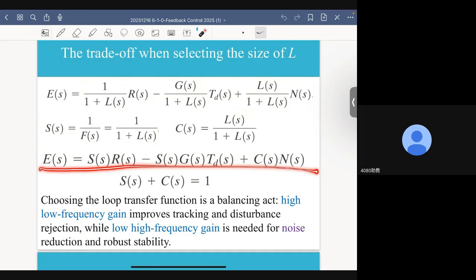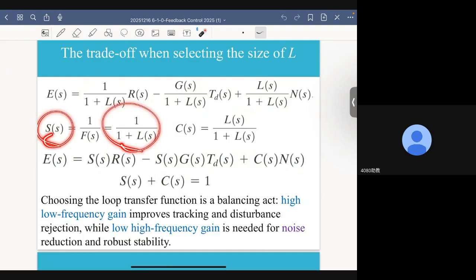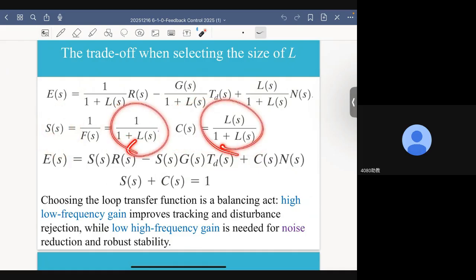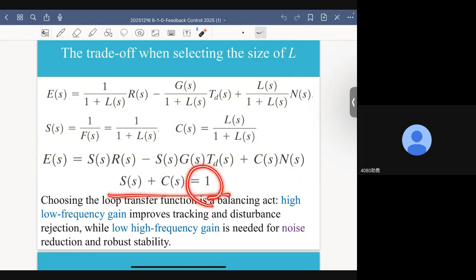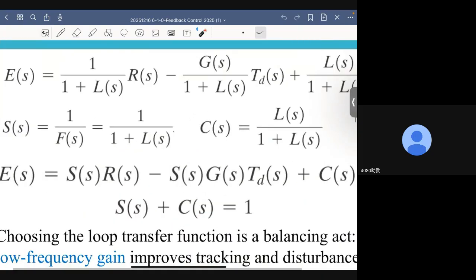The reason we want to do that is we noted that based on the definition of S and C, we know that their sum is always equal to 1, which means if the value of S goes up, C has to go down, vice versa, all right? Now, what does that mean? It means that, let's say I want to increase L, all right?